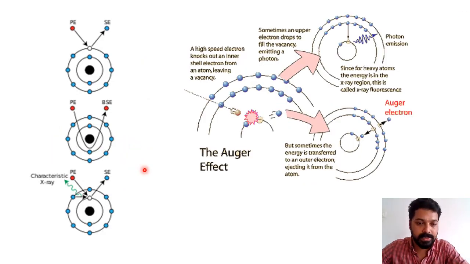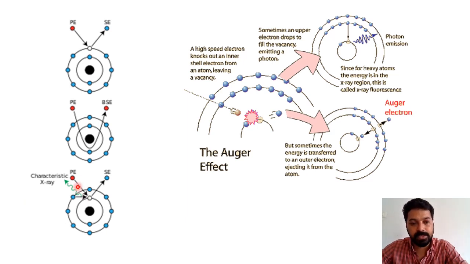Similarly, when a primary beam of electrons ejects a secondary electron, there will be a vacancy, a void, and this void can be occupied by higher energy electrons. So a second or third shell electron will try to occupy the stable position. This high energy electron comes to this position, and the energy difference is ejected as an X-ray or photons or in the form of cathodoluminescence.